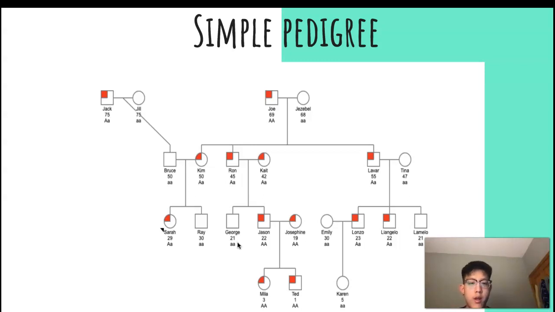For an autosomal dominant disorder, if you have two copies of the recessive gene, lowercase aa, you're not going to have the disorder. Everything really just follows this pattern. If you look across the generations, the siblings, parents, they all follow this trend, and this is consistent with autosomal dominant disorder.